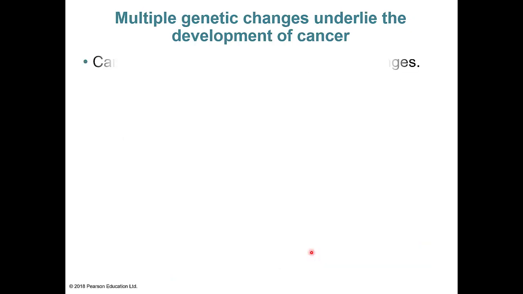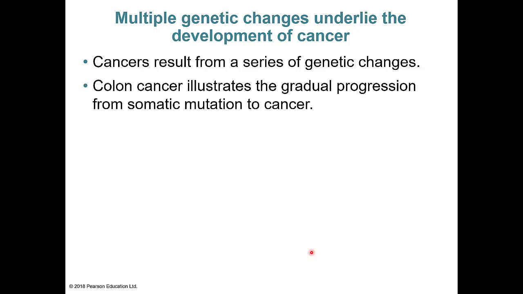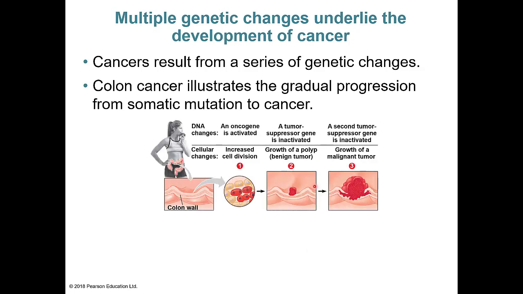Many different changes can underlie the development of cancer. So it can be a whole series of genetic changes. Colon cancer illustrates that gradual progression from somatic mutation to cancer pretty well. So here we have DNA changes going on and cellular changes that they're tracking.